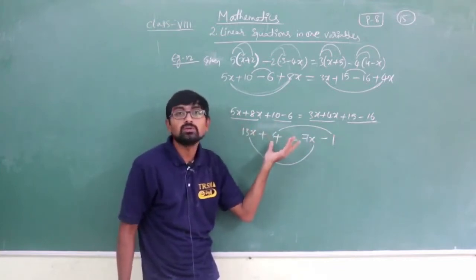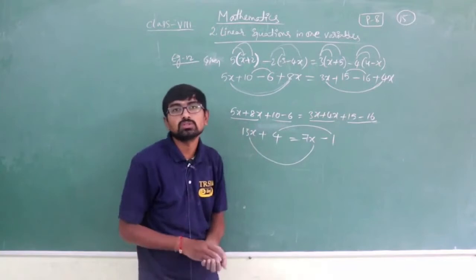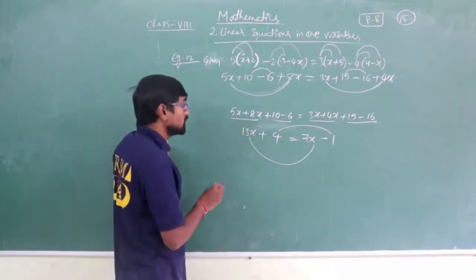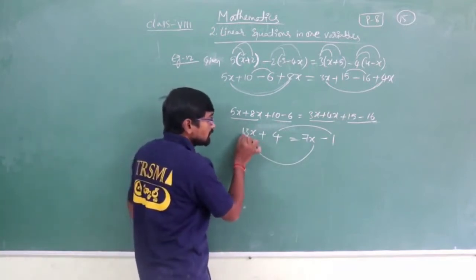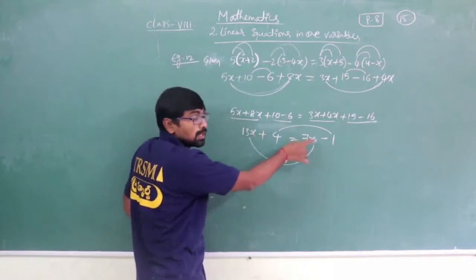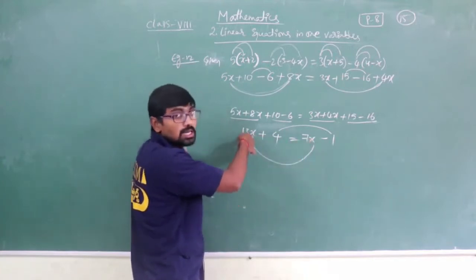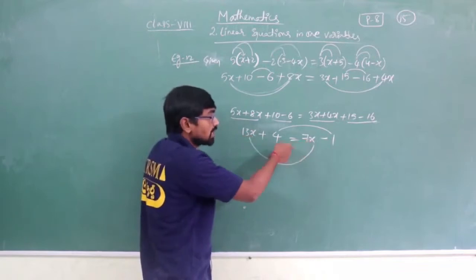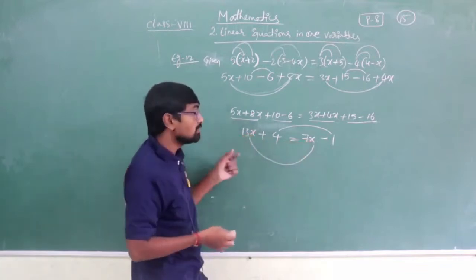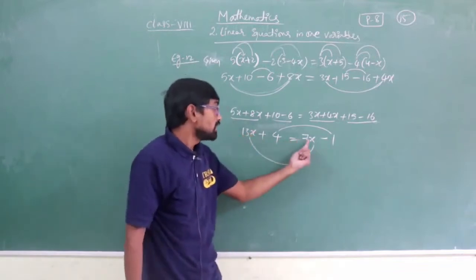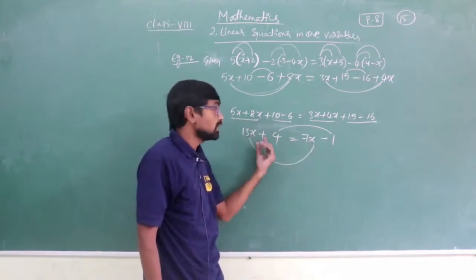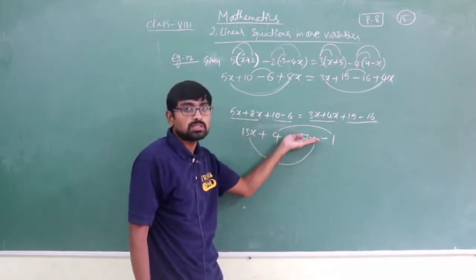How will we send? We will be using the additive inverse. It means that you can see here 13x. This plus 7x I need to send here. Whenever it is moving from here to here, it should not be present here, isn't it?